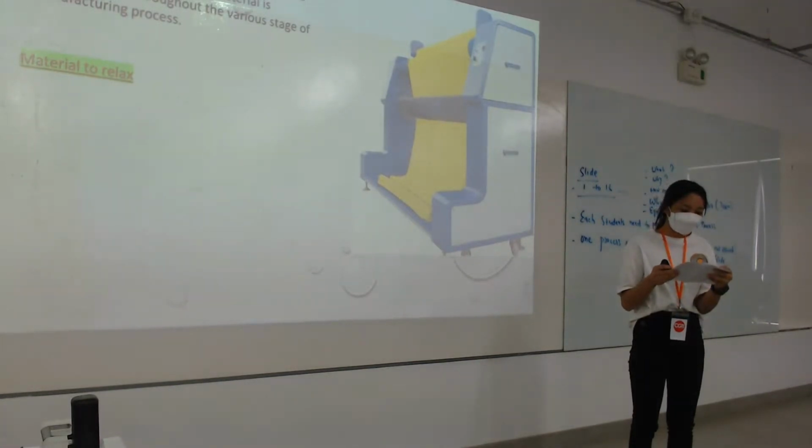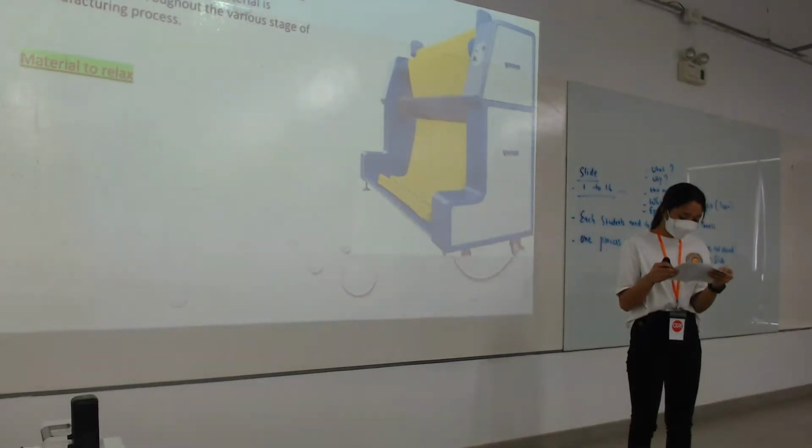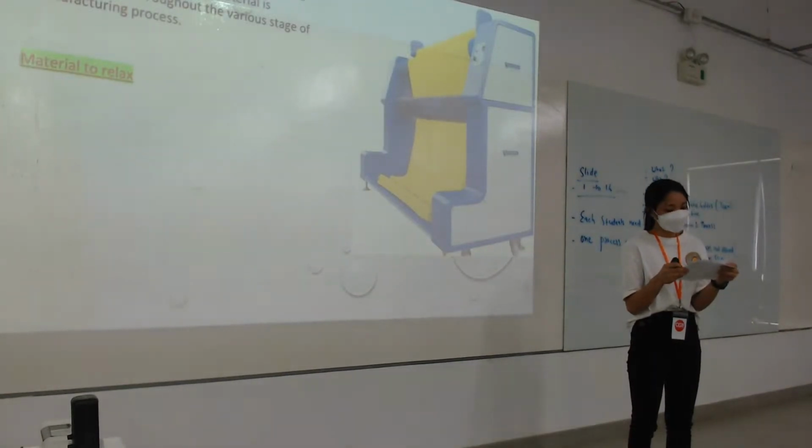Keeping fabric in a relaxed mode from opening, the tie cover has to be done in the cutting room at natural temperature. Fabric relaxation means relaxing fabric from its roll state.